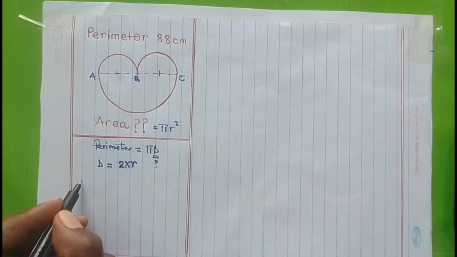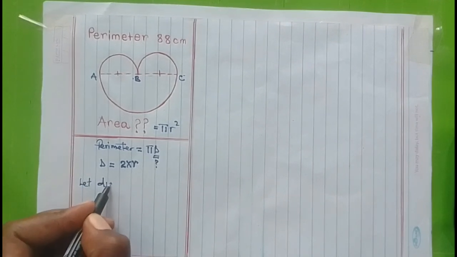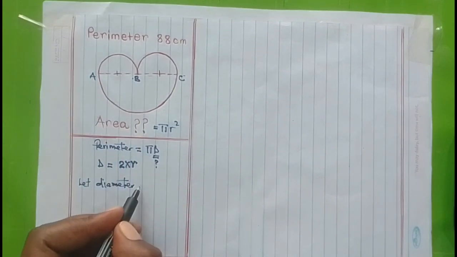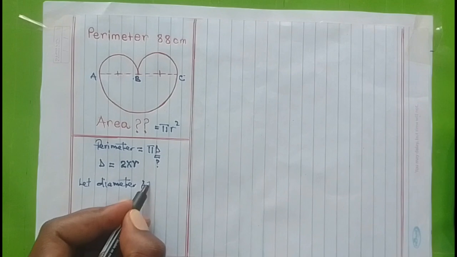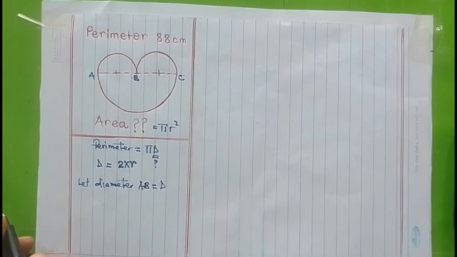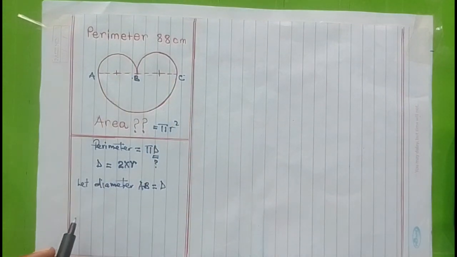So let's say let the diameter AB be equal to D. We are going to use the formula of getting perimeter and we equate.